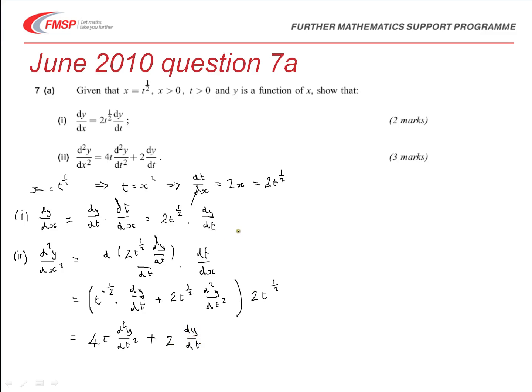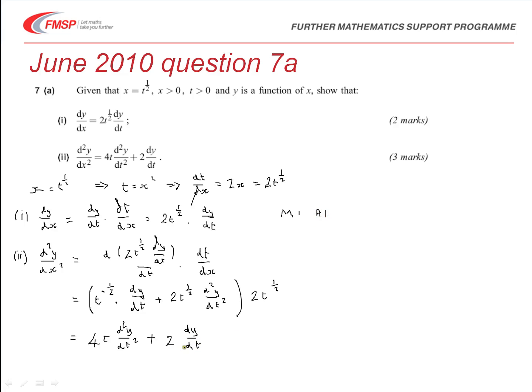Okay, well there's 5 marks for doing this part of the question. So for using the chain rule in the first part, you will get 1 mark, and then working through to the correct solution will give you an accuracy mark of 1.